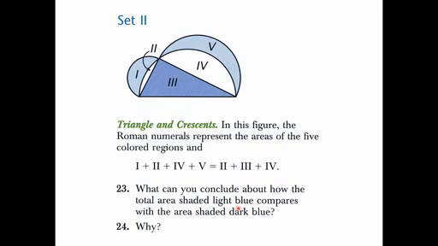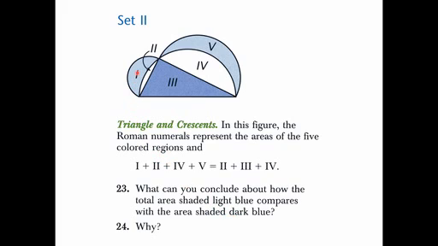What can you conclude about how the total area shaded by the light blue compares with the area shaded by the dark blue? And at first blush, you look at that and say, well, I don't know. But use your given and use the properties that you have. Can you find in this equation the light blue areas and the dark blue areas?